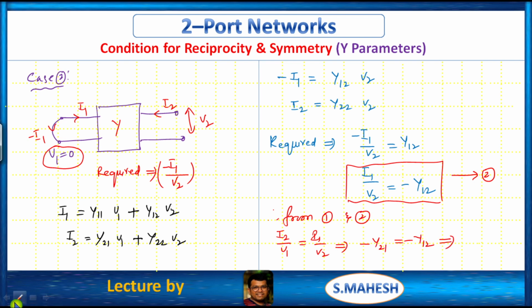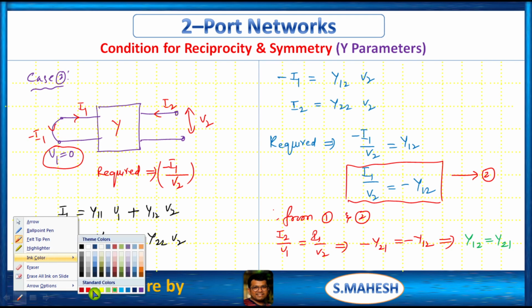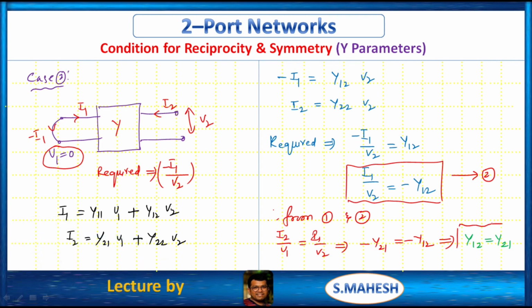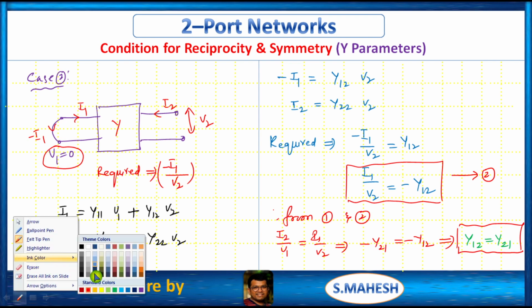Therefore Y12 is equal to Y21. This is the condition for reciprocity in case of admittance parameters, that is, mutual admittances are equal.